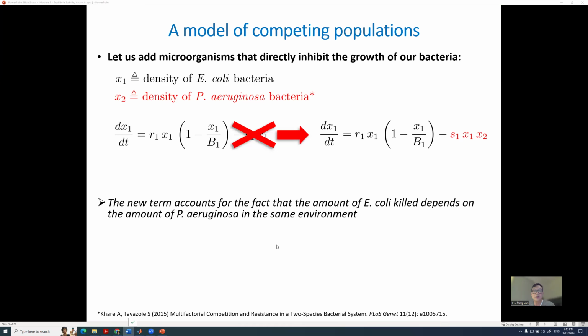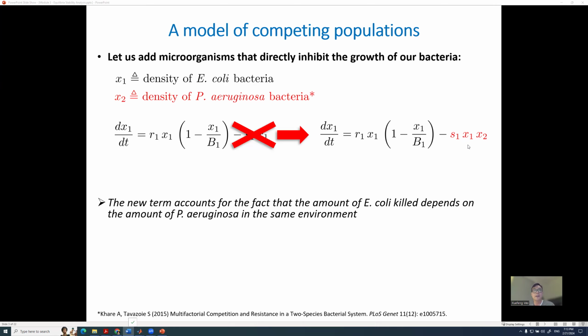The other case is when there's a lot of P. aeruginosa, because P. aeruginosa is their competitor, which will deprive the E. coli bacteria of important nutrients. That's why we introduced an X2 term here. When there's more of the P. aeruginosa present in the environment, the loss term will be higher.